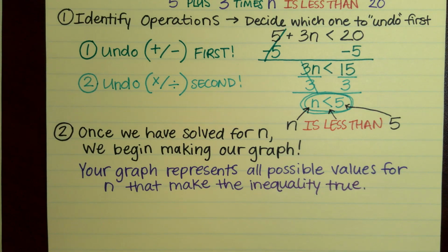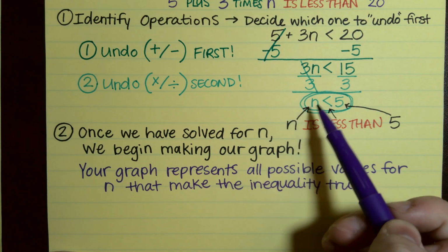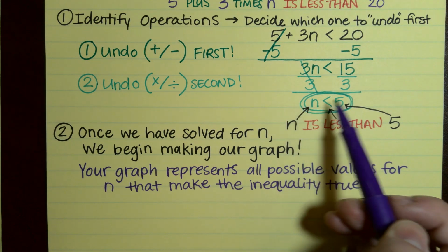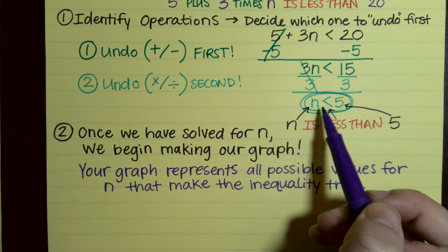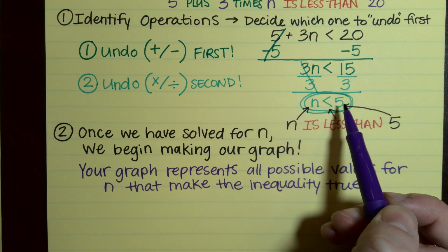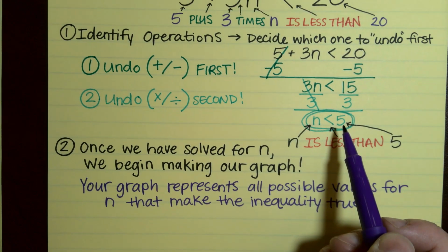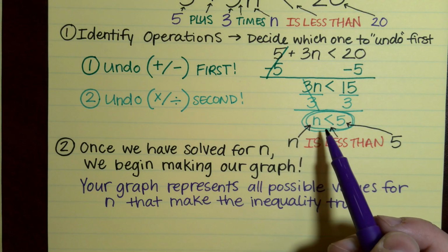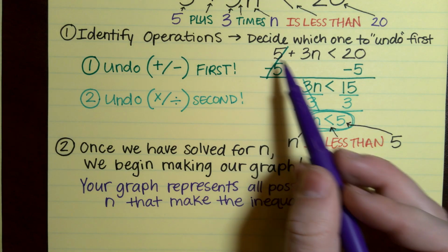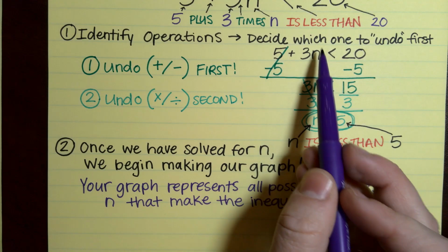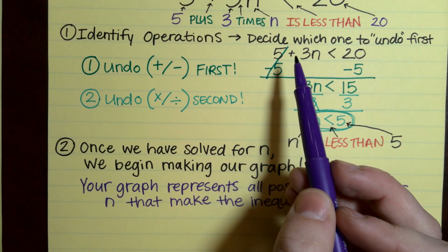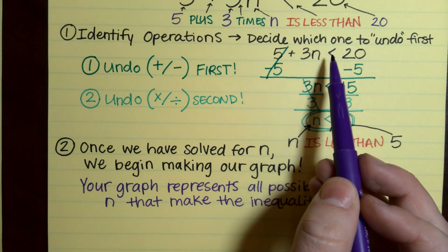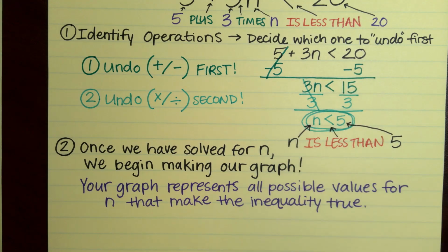So whatever number I plug in for n, it has to be true when I read it back. For example, we got n is less than 5. If I plug in a number less than 5, say 4, it better be less than 20.